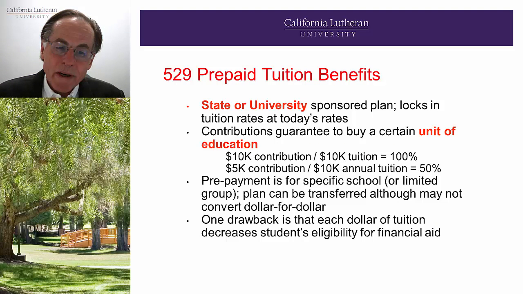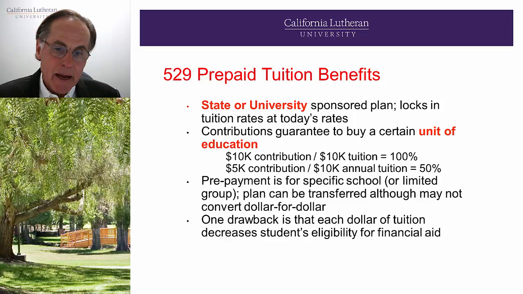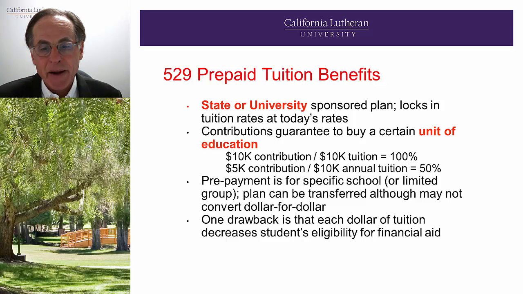The 529 prepaid tuition plan allows the participant to lock in tuition rates in today's prices. That means that the state or the individual school guarantees that the growth rate on your investment will match the inflationary rate of tuition.